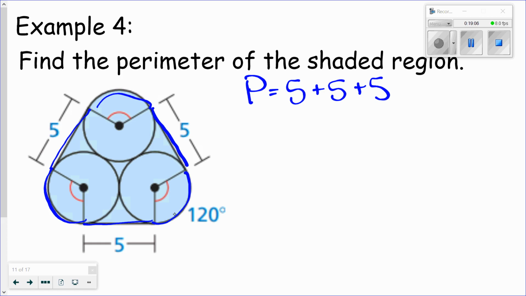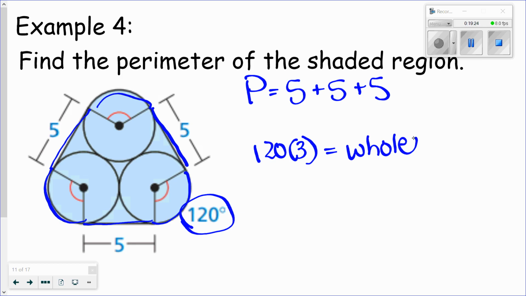Okay, what you want to do is if you look at 120 and you multiply by 3 of those parts, okay, 120 times 3 gives you a whole. Okay, because that's 360 degrees.